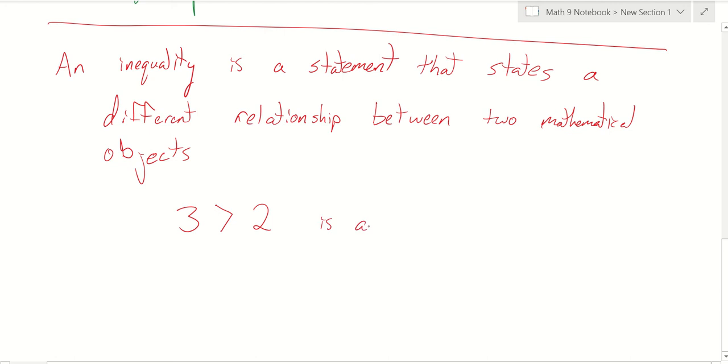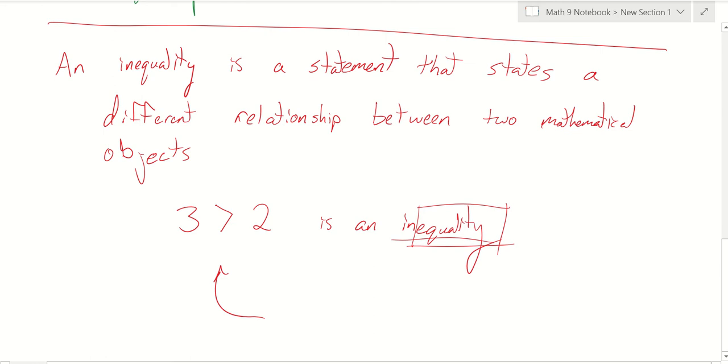That is not a statement of equality. This is a statement of inequality. These two mathematical objects are not equal. They are unequal.